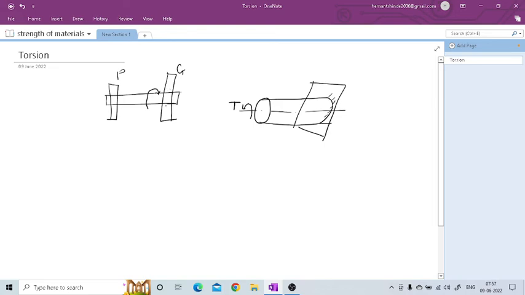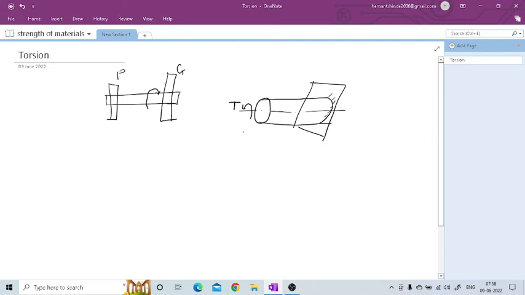The gear, which is connected to another system, is going to oppose the motion, so this condition will occur. For that particular moment, you can say that this end is fixed because it is opposing, and this end is rotating.